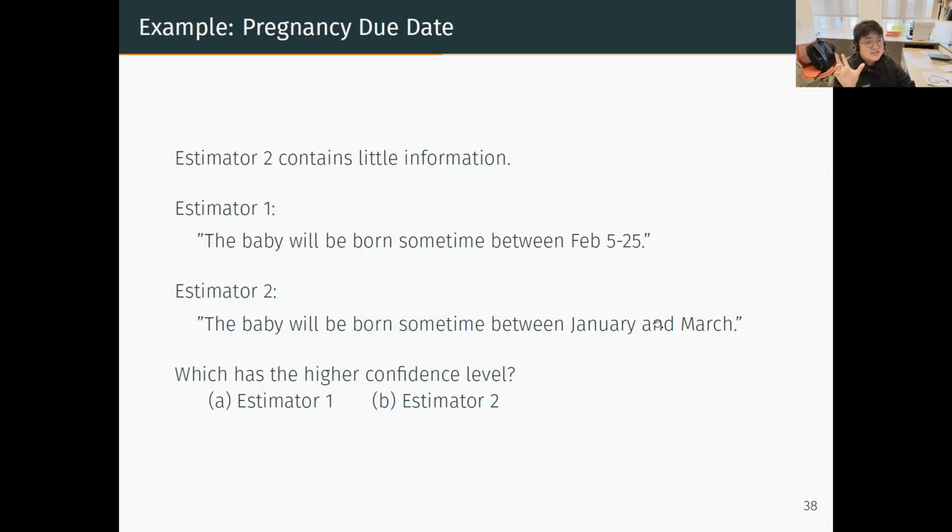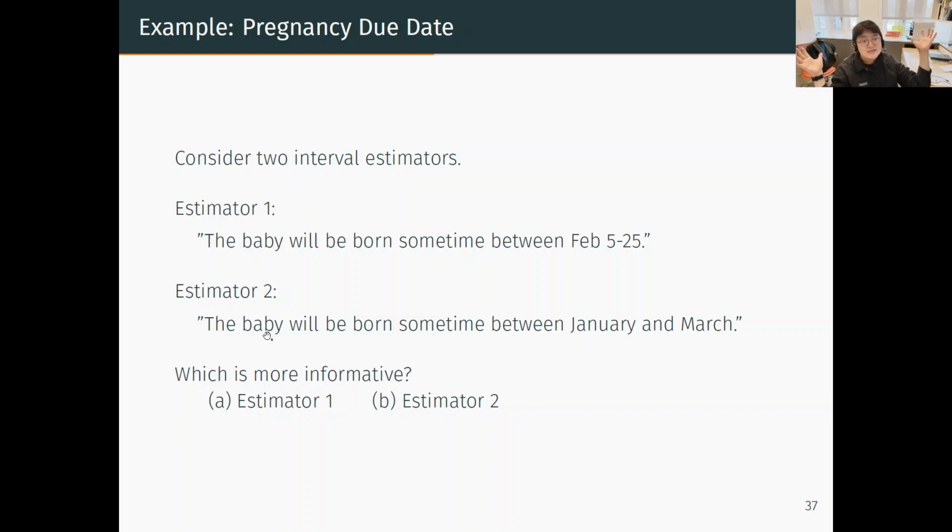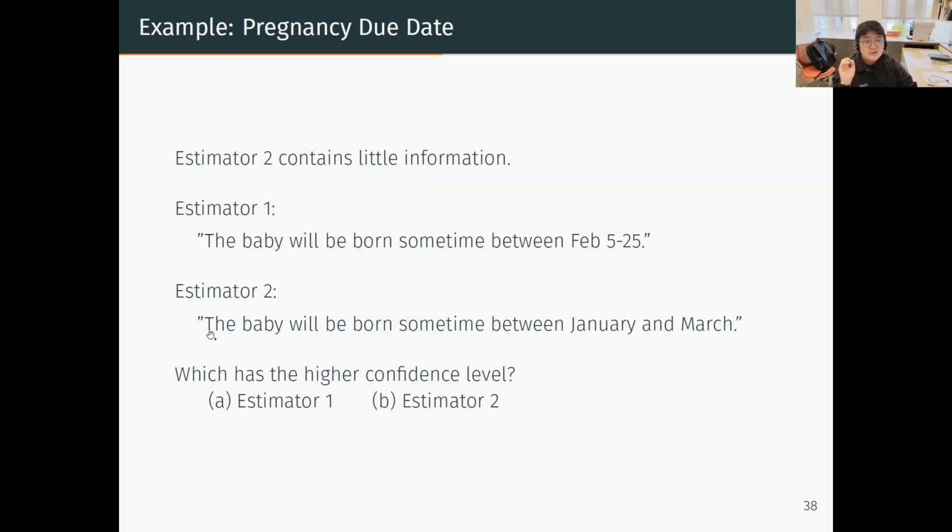Then you can see a trade-off. In my first question, about which is more informative, I said the second estimator is too wide. It just says everything is possible. I said it is bad, but on the other hand, it is obvious, which also means it's almost always true.